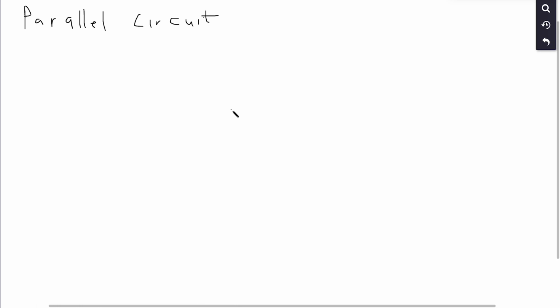And in parallel circuits, the drawing for a parallel circuit could look something similar to this.